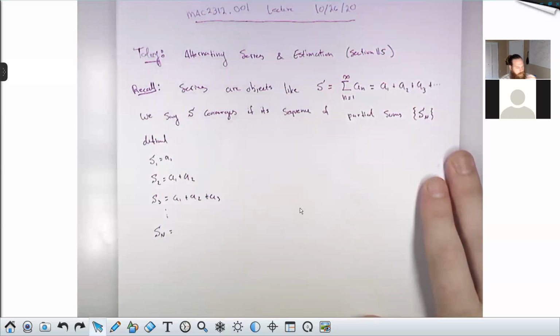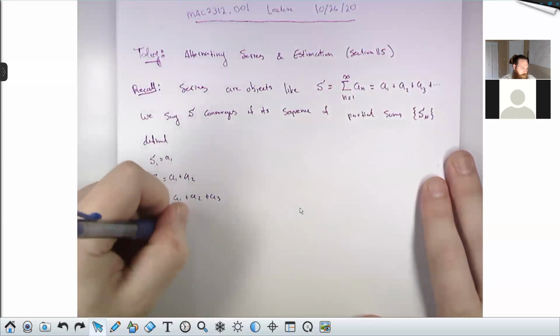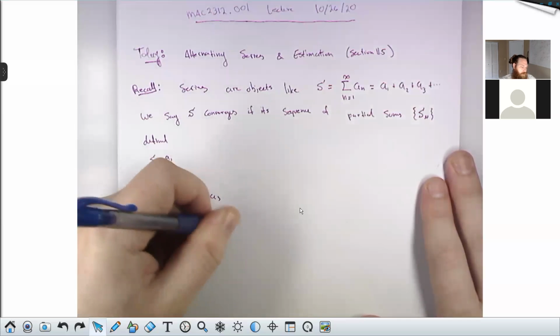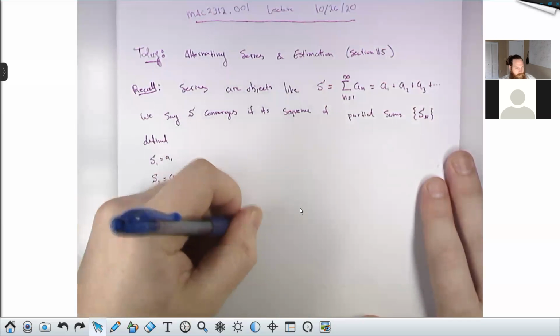S sub capital N is a1 plus a2 plus a3 all the way out to a_N.